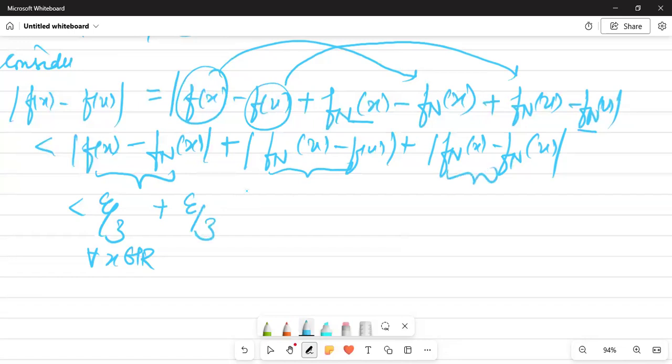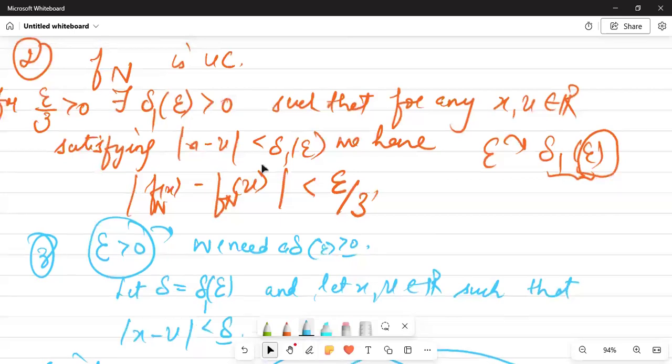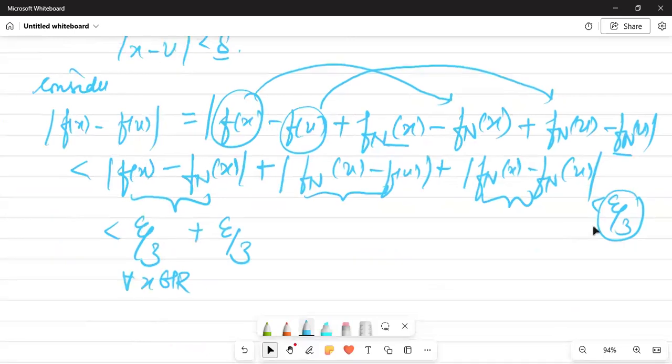And this is less than epsilon by 3 because our points x and u are at most this much apart, delta. And since our delta is the same as delta 1, which we got specially for Fn, this is less than epsilon by 3. So finally, we get this is less than epsilon.